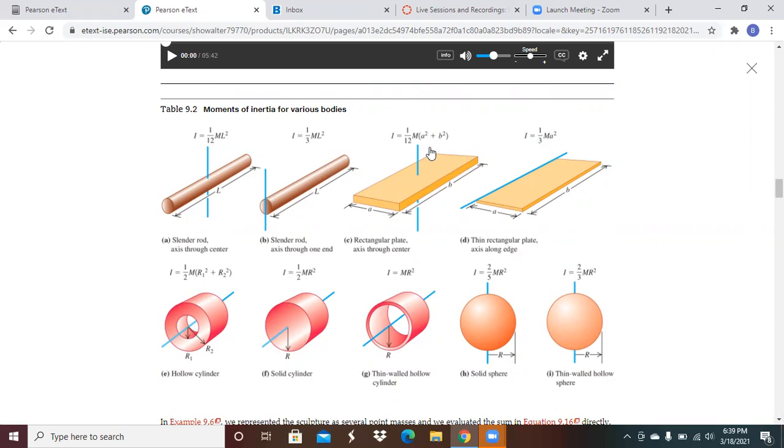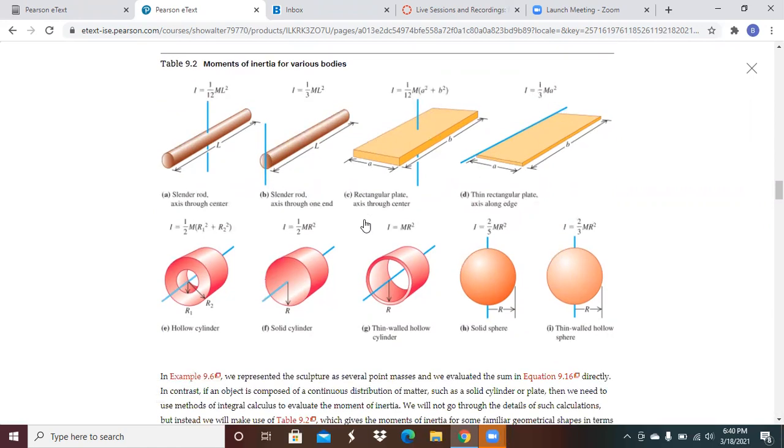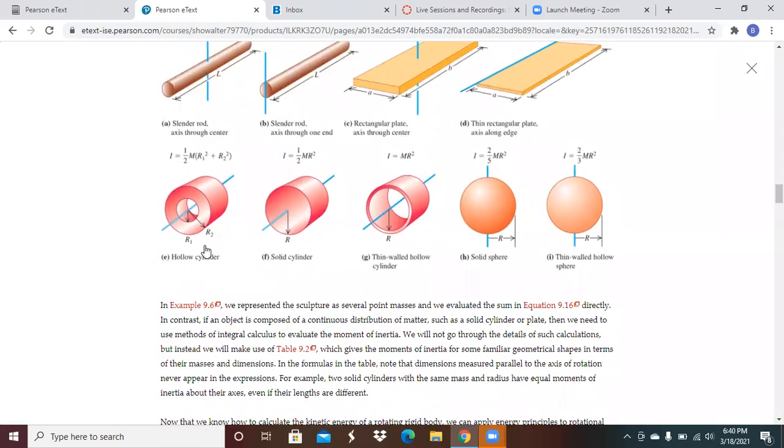Let's say we've got a rectangular plate and the axis goes through the center. This is going to be your moment of inertia. If we take the plate and put the axis of rotation on one side of it, this is what it ends up being. If you've got a hollow cylinder with this as your axis, then you've got your moment of inertia there.